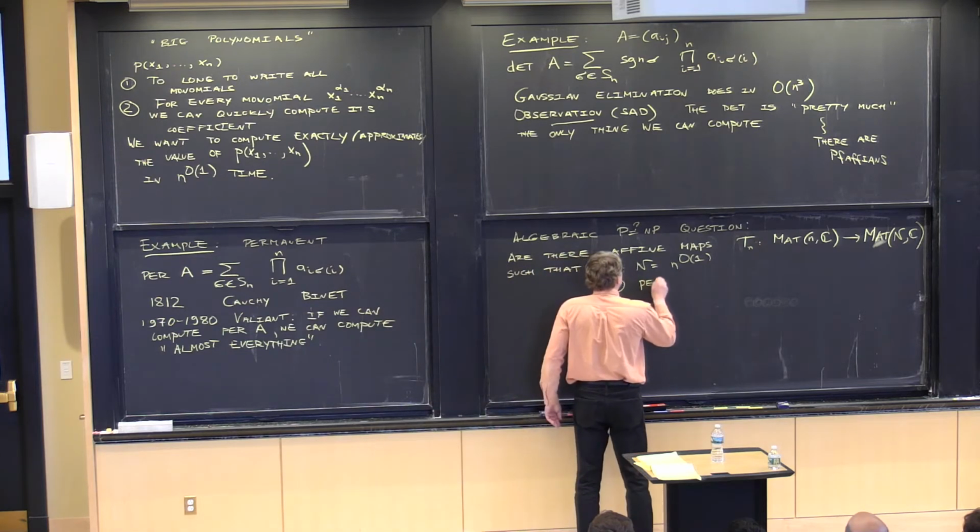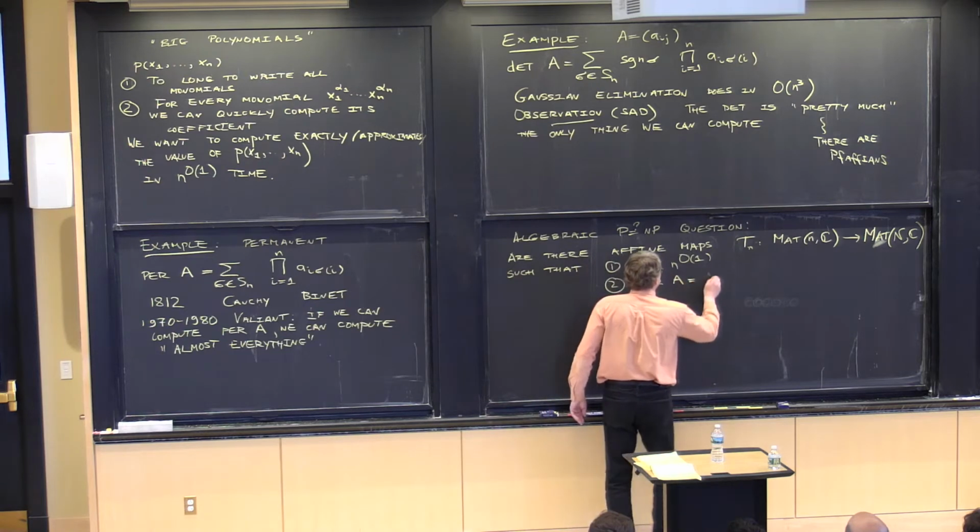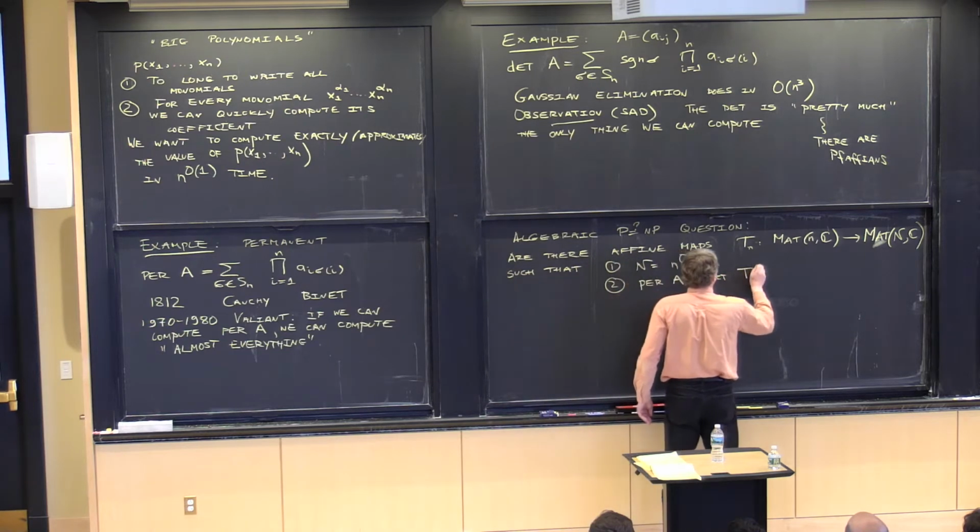So the permanent of A is the determinant of T of A.